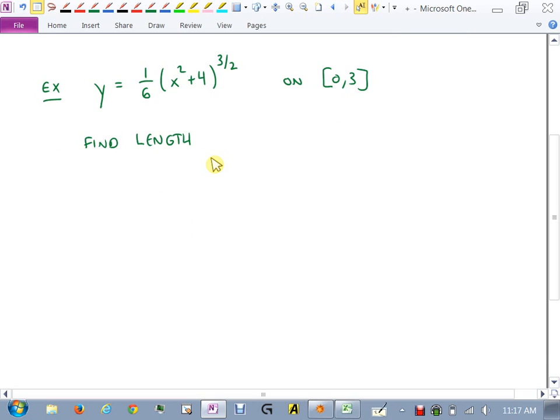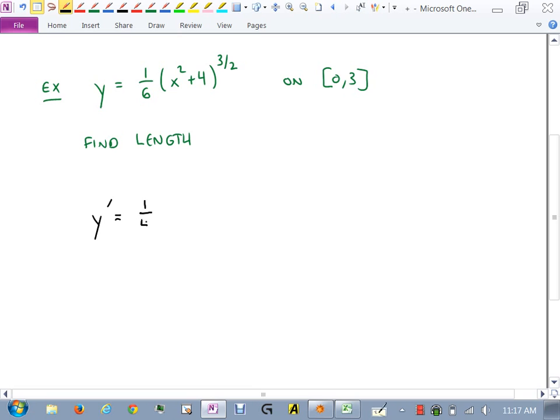Within the formula, I need to know the derivative, and I need to know the derivative squared, right? So let's go ahead and find the derivative. We're going to use chain rule here. We first bring the 3/2 out front. When you multiply 3/2 times 1/6, you get 1/4.